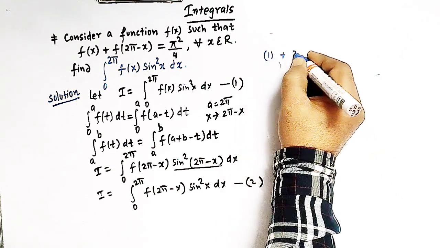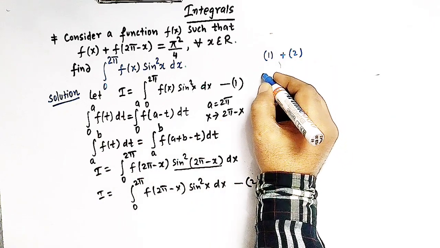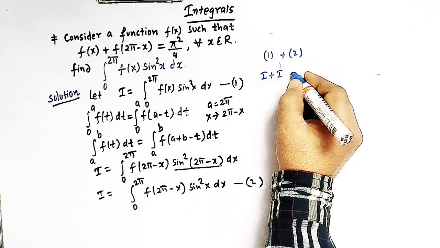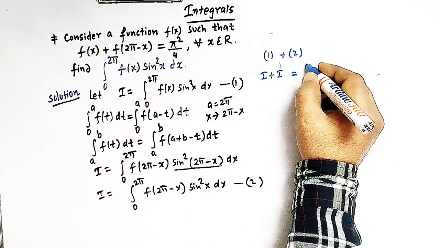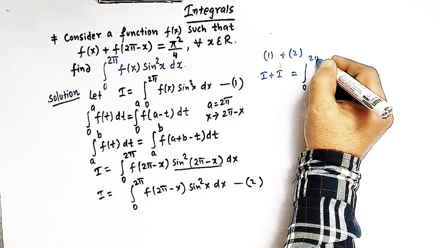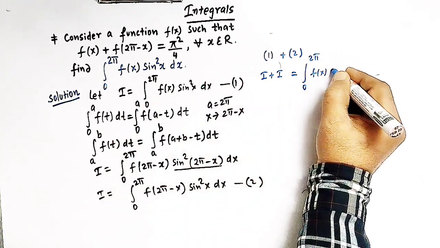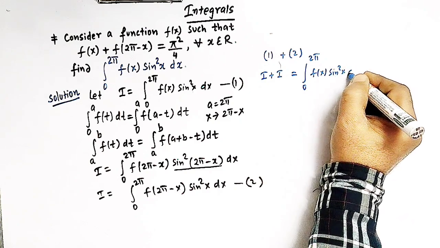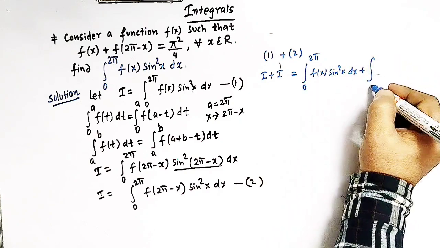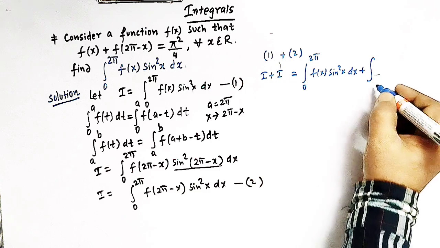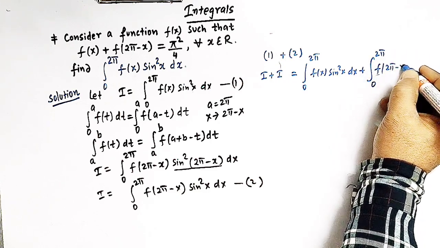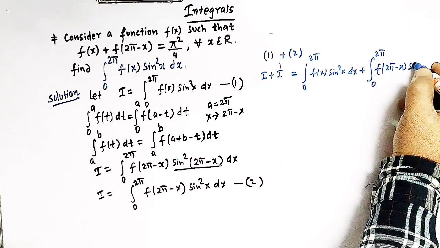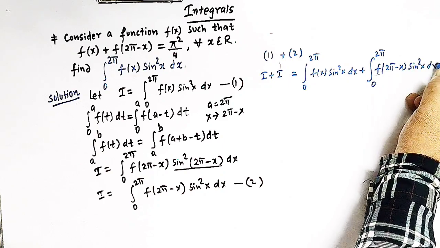Adding 1 and 2, we get I plus I on the left hand side, and on the right hand side we have the integral from 0 to 2 pi of f of x sine square x dx plus the integral from 0 to 2 pi of f of 2 pi minus x sine square x dx.